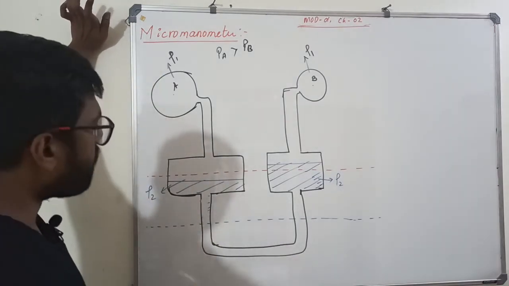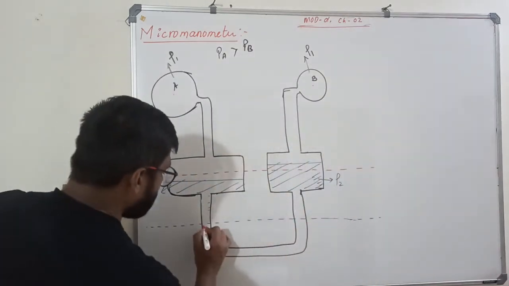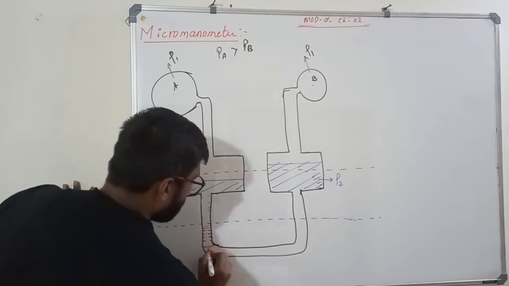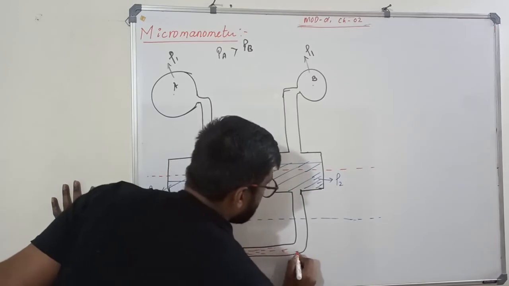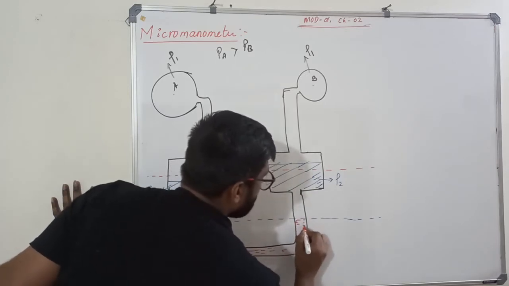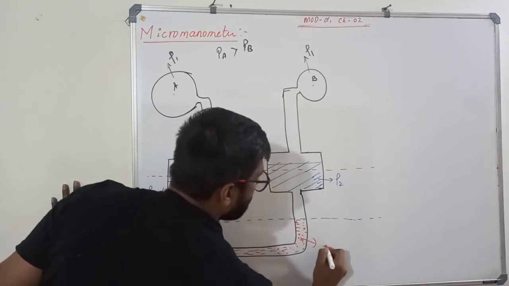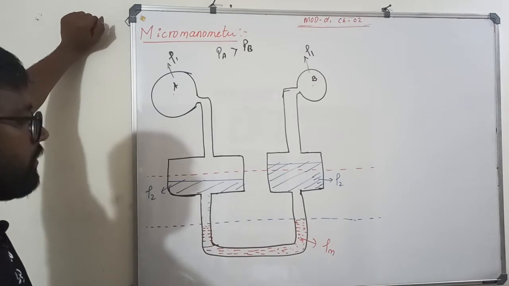Now the interesting thing is, my manometric fluid was here before connecting, or before the pressure was applied from A and B. Let us say the blue dot is the initial line of the manometric fluid, of density rho m.